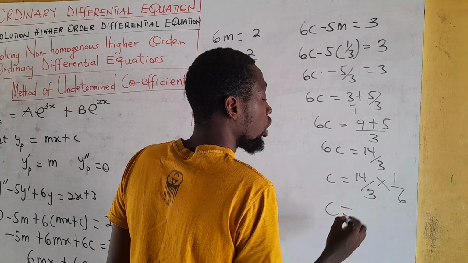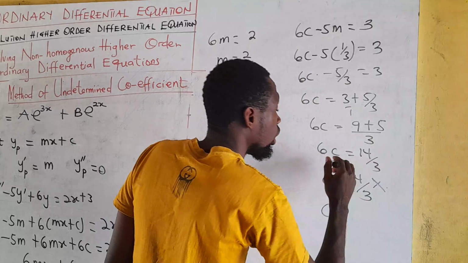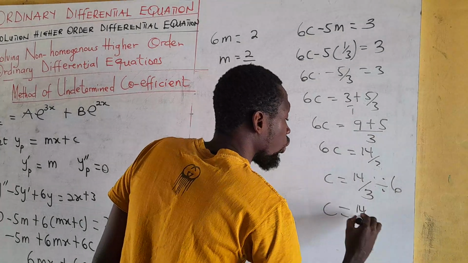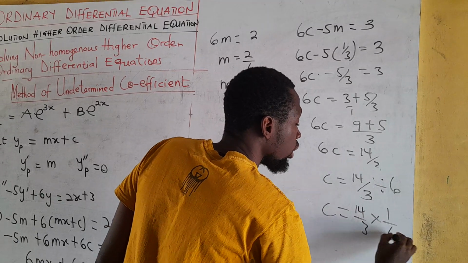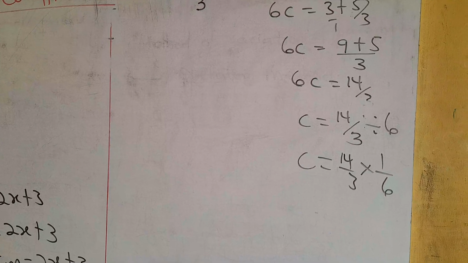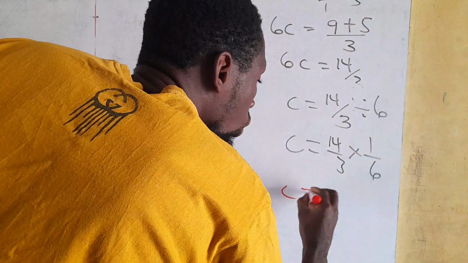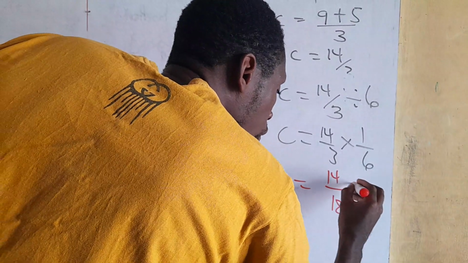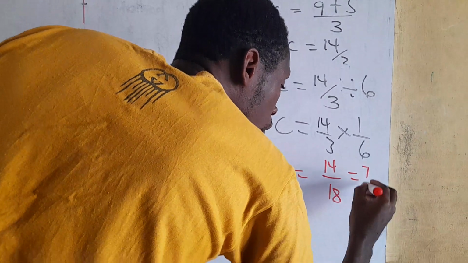So that will be divided by 6. I have 14 over 3 times 1 over 6, so that you get it all. So our c then will be equal to 14 over 18. 2 into 14 is 7, 2 into 18 is 9.